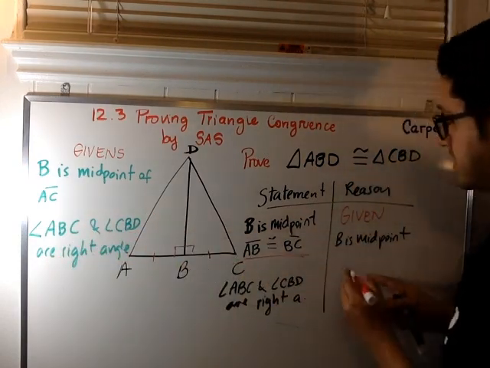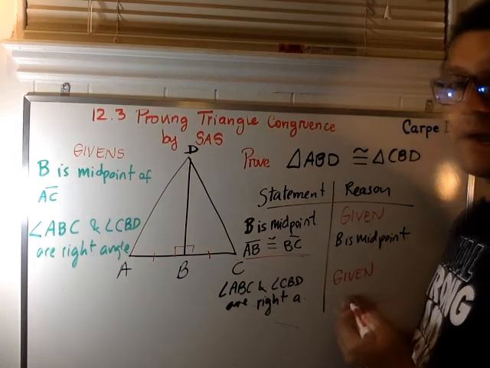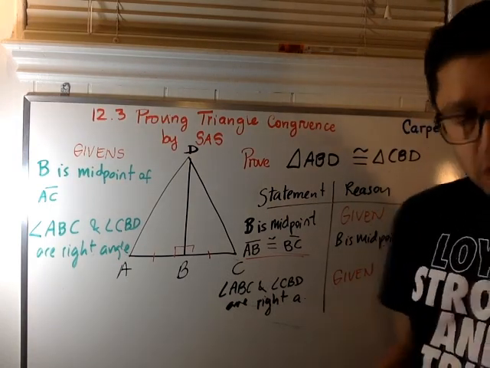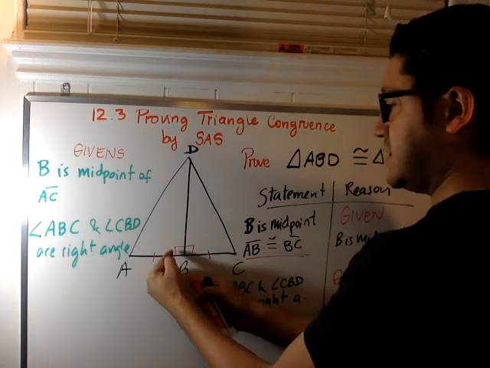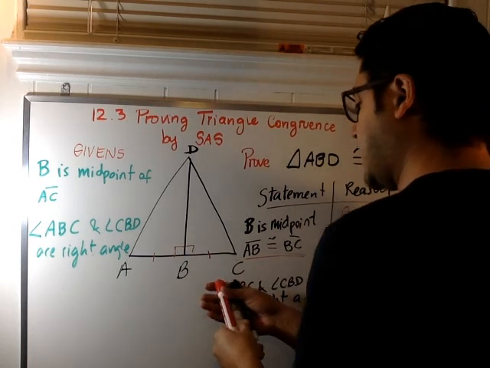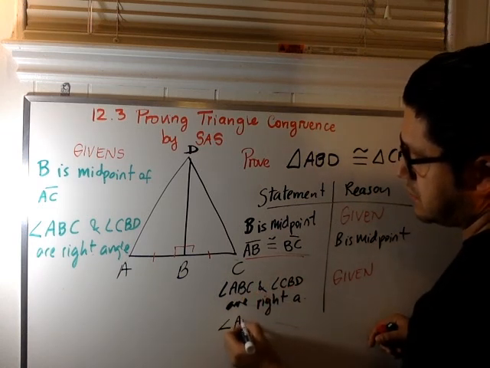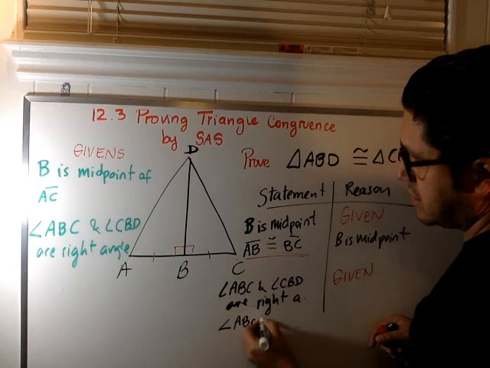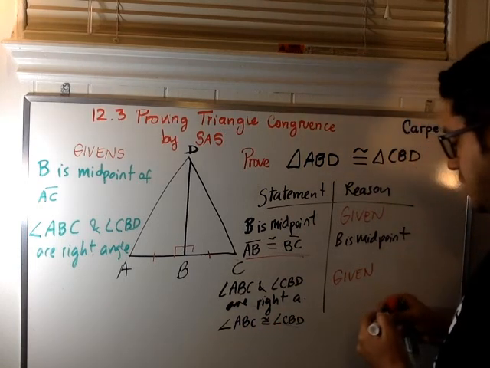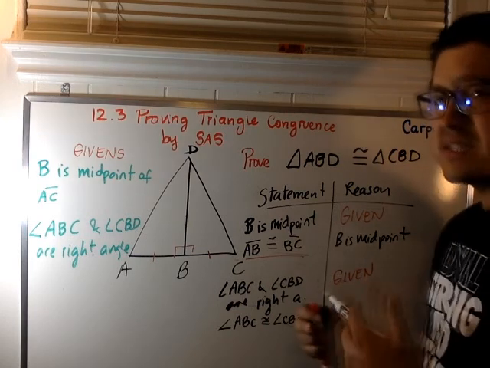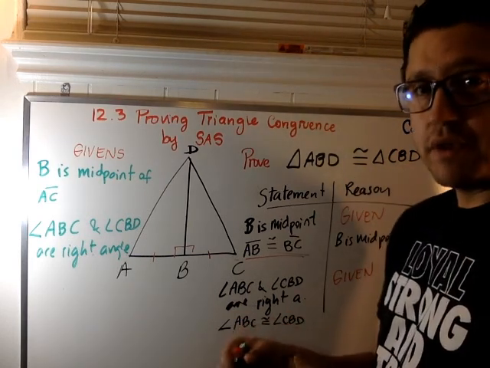It's part of the given, so this is the reason why I can say this, okay? Also, because this is a right angle and this is a right angle, I can say that angle ABC is congruent to angle CBD, okay? And in this case, I am using something we call the right angle theorem.